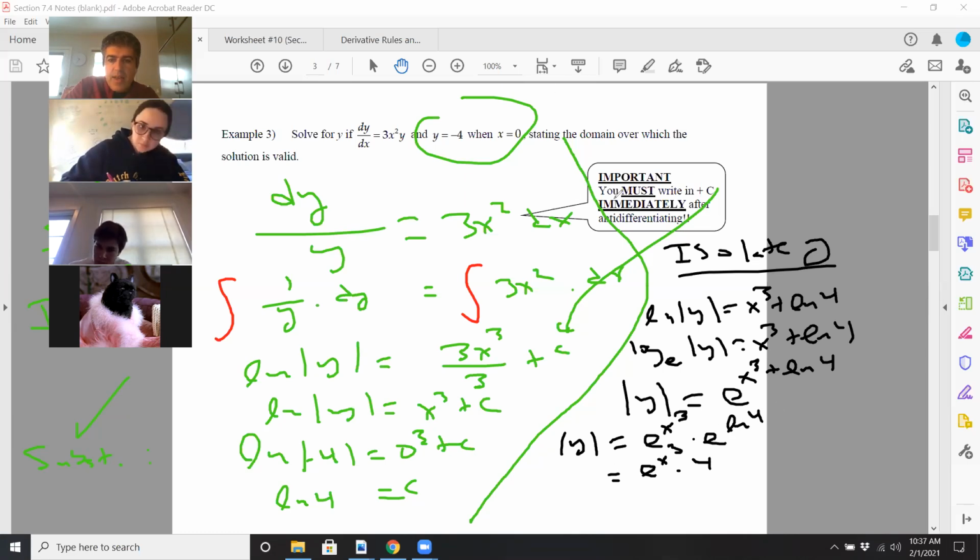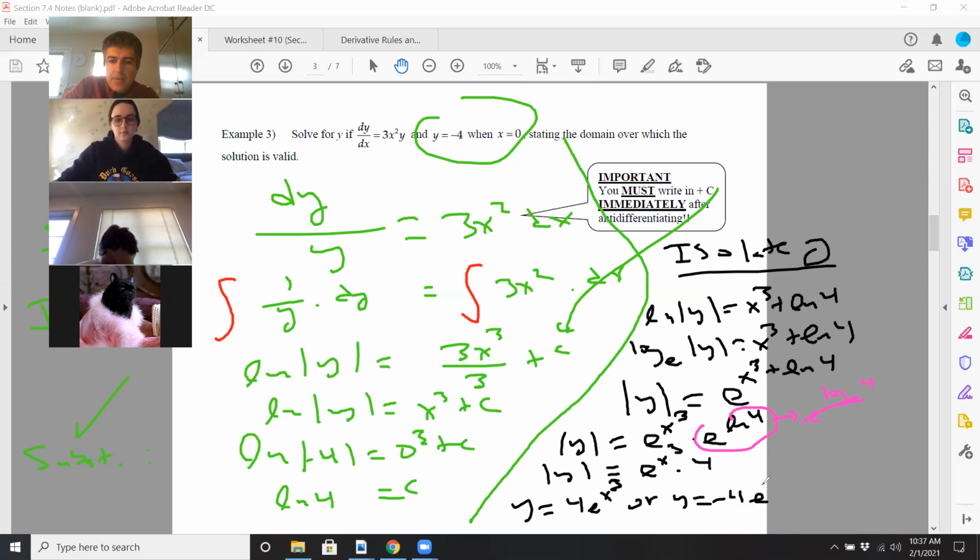So in case you forgot, whenever this happens, it's almost like these cancel out and you just get 4. So that's what the absolute value of y equals. So y either equals positive 4e to the x cubed or y equals negative 4e to the x cubed. It's going to equal one of those two things.